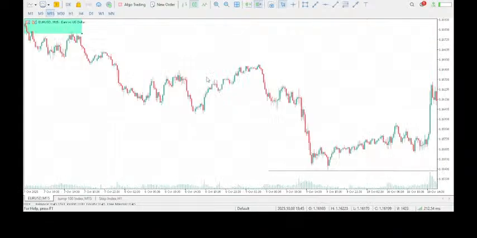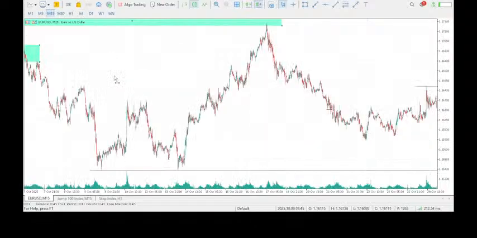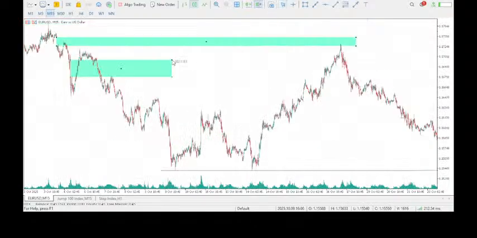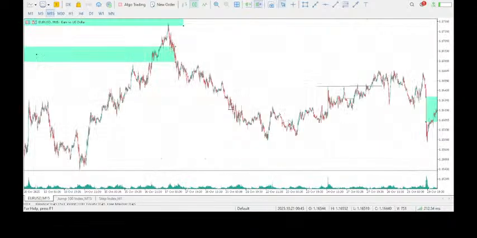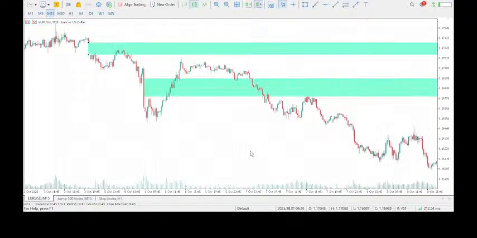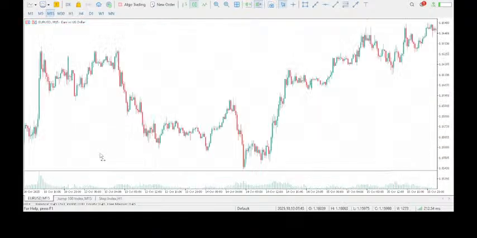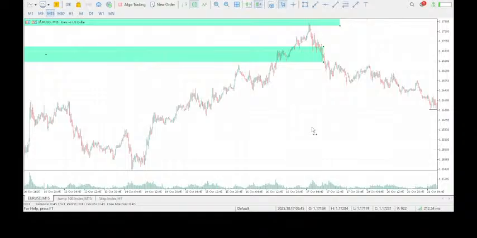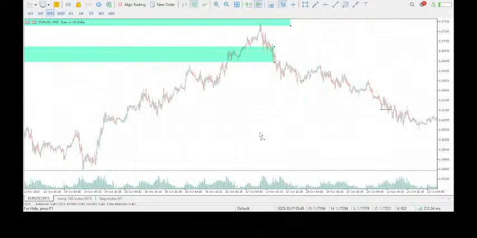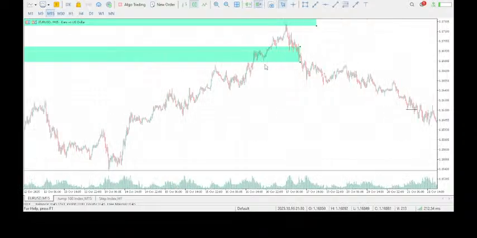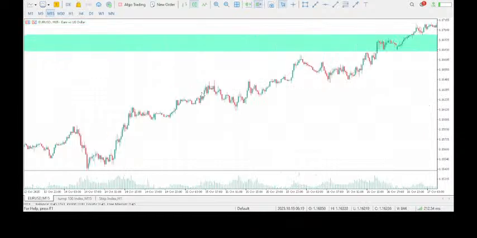And then, let me see. Let me put this up. So, let's go down to where it was. So you see, here it was just moving up and down, but it broke through.